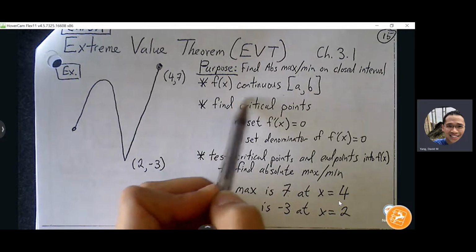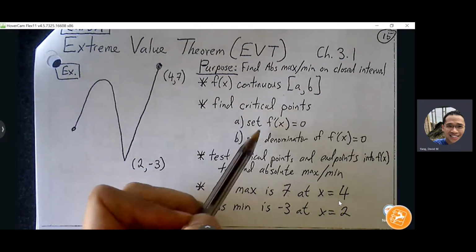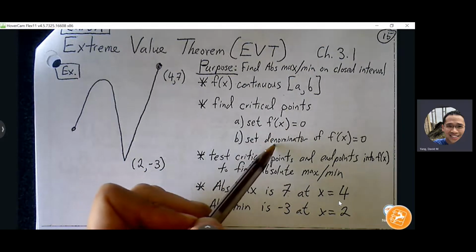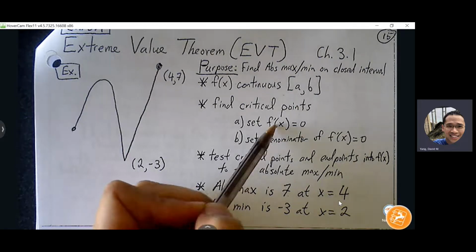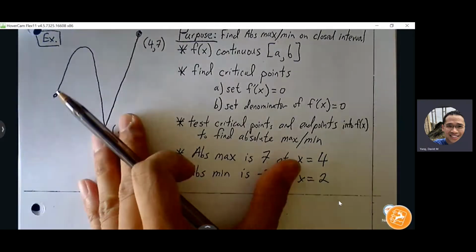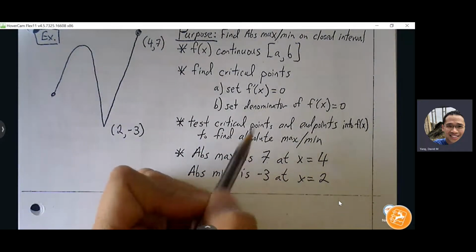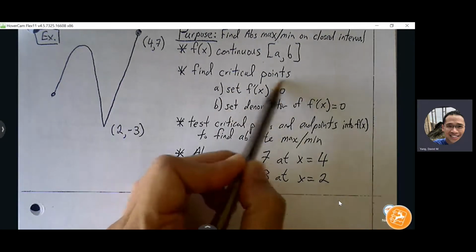But the calculus comes in when we find critical points. So we find the derivative, set the numerator equal to 0, set the denominator equal to 0. It doesn't mean we're always going to find critical points, top and bottom, but we always want to make sure we look. And then we test critical points and endpoints in the original function, assuming the critical points do fall inside the interval.